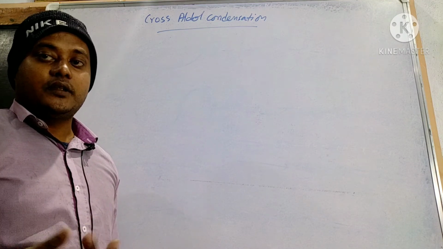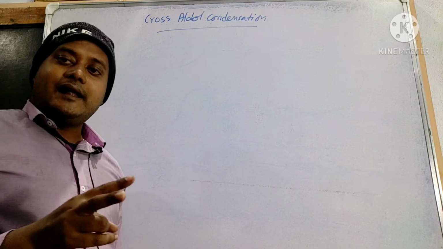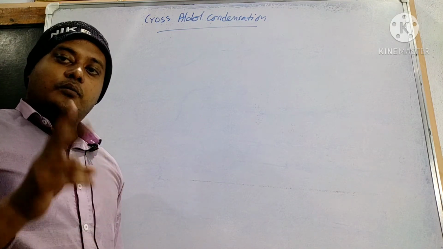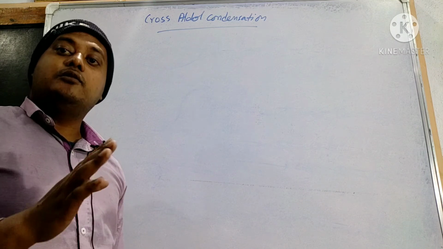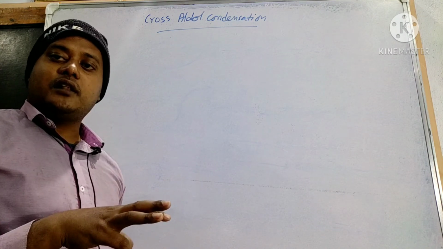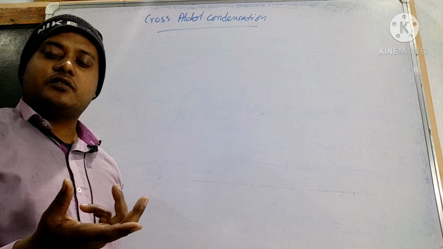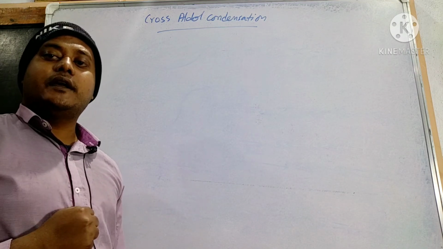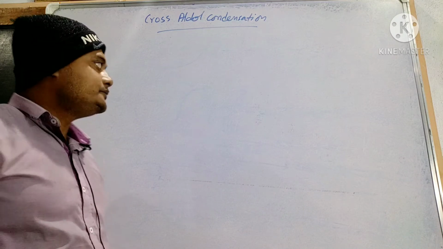If both the aldehydes or ketones contain alpha hydrogen, then you will get a total of 4 products. But if one contains alpha hydrogen and the other does not, then you will get 2 products.